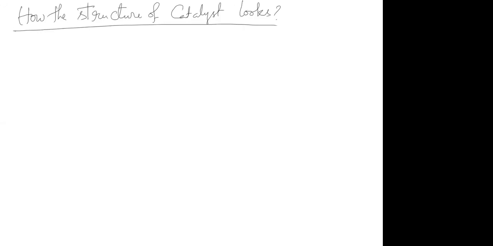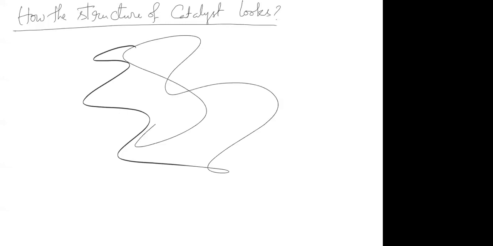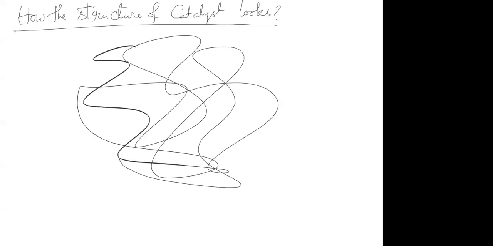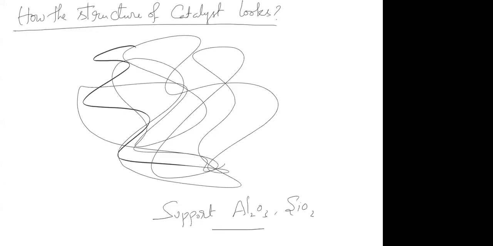So what we do is take a highly porous structure, called a support, something like Al2O3 or SiO2.